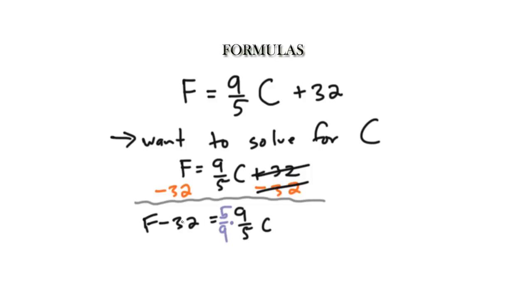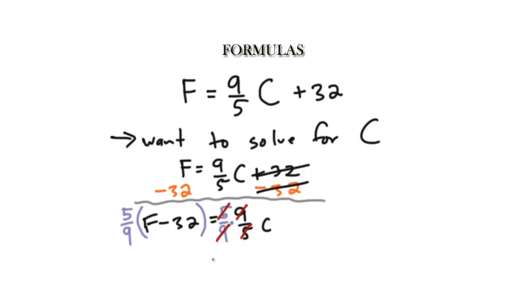And this is an equation, so we know that if you want to do something to one side, you have to do the exact same thing to the other side. Make sure I put parentheses around the F minus 32, and I'm going to multiply that by 5 over 9. So this 5 and this 5 cancel, and 9 over 9 goes to 1.